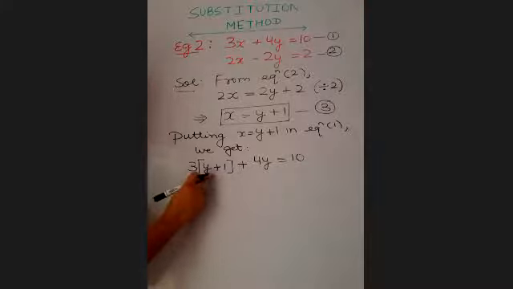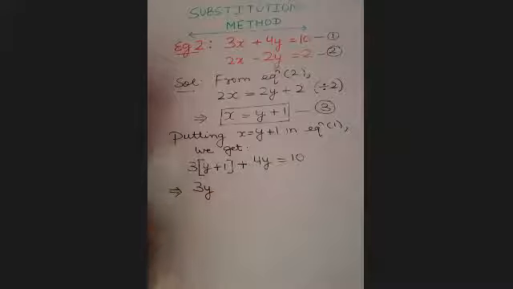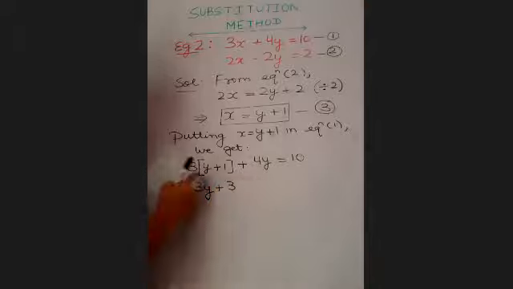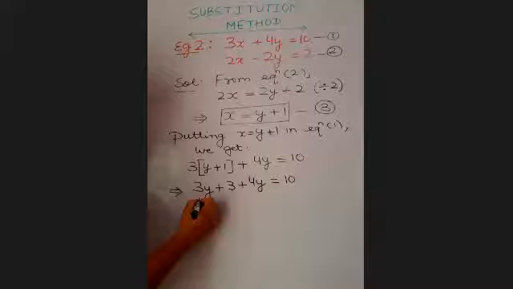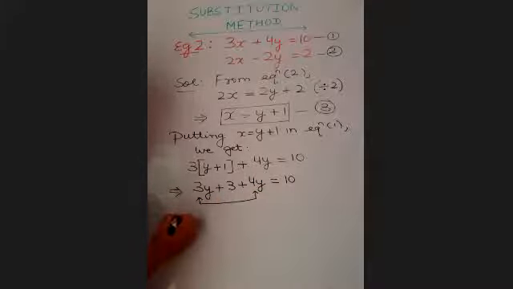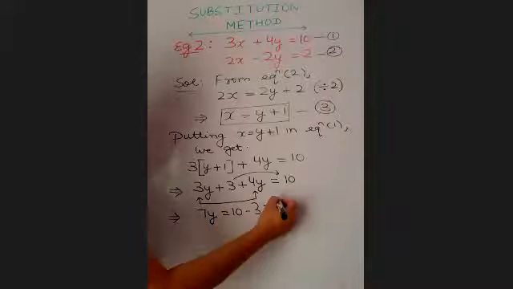Let us multiply. 3 into y gives me 3y plus 3, plus 4y is equal to 10. Now combining 3y and 4y, 7y equal to 10 minus 3, which is 7. So y is equal to 7 upon 7, which is 1.